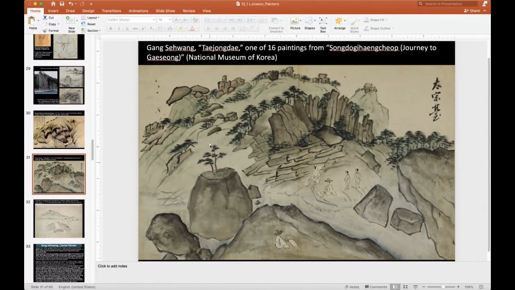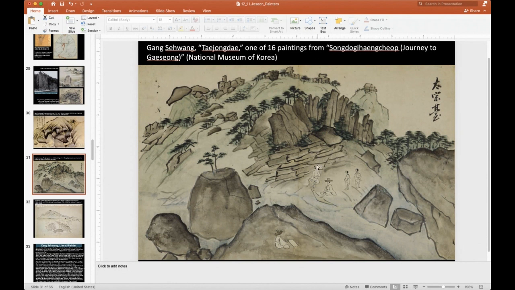And also look, the Taejongdae, like you are seeing, is a seashore near Busan. It's a beautiful scenery. So here again, he wanted to be truthful to the events that are taking place. It's the seashore. So what do people do? You recognize these two yangban.